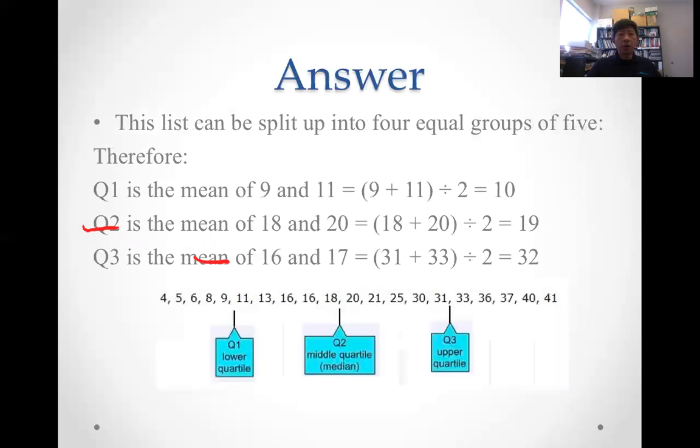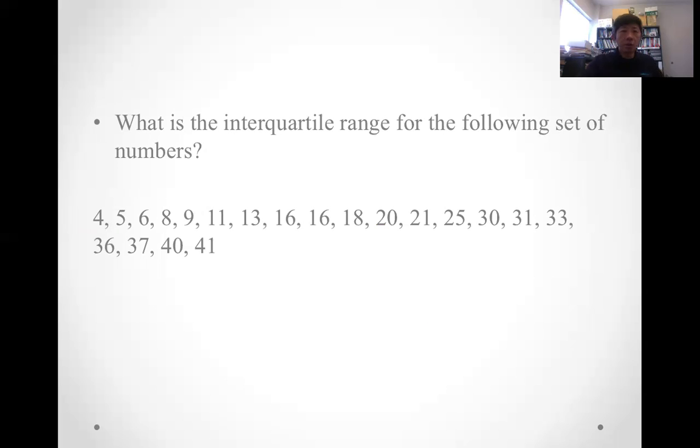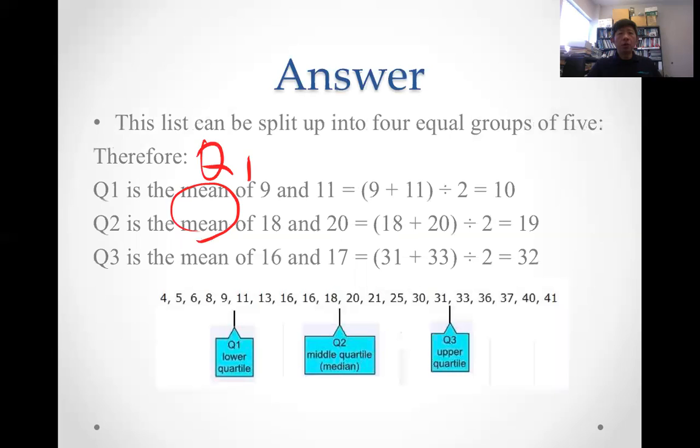Q1 is between 9 and 11. So Q1 is 9, 11, right? And what about Q2? Q2 is between 18 and 20.